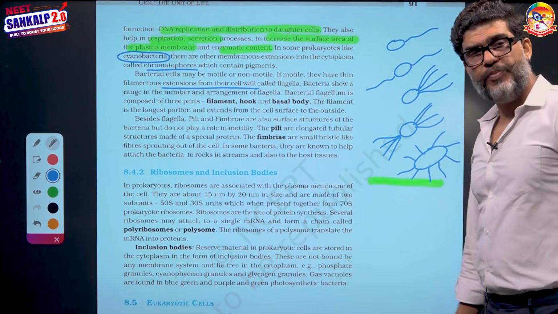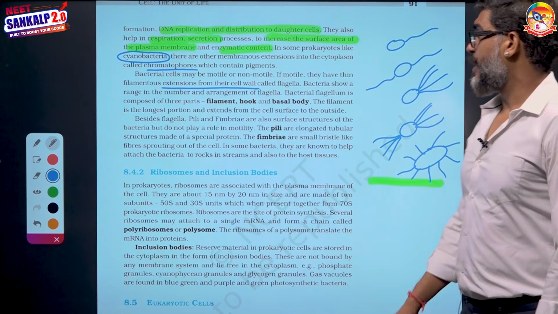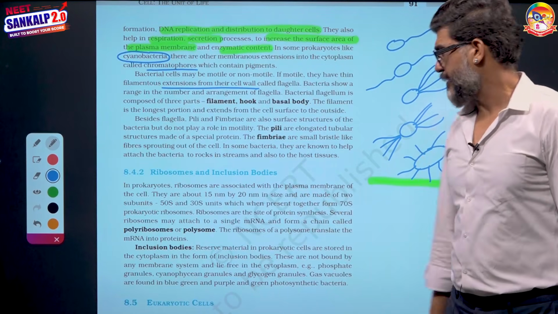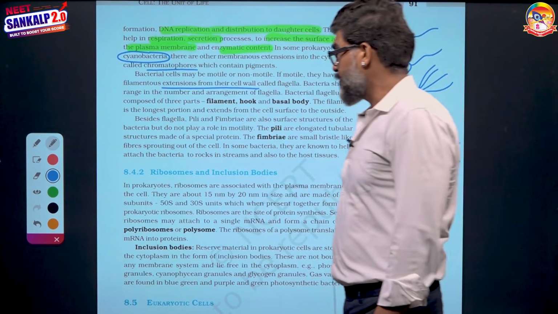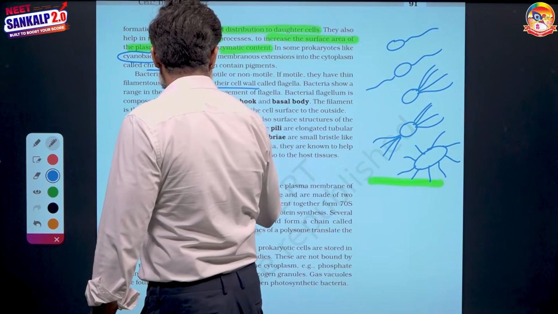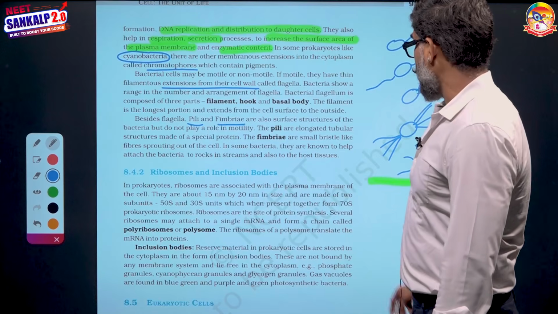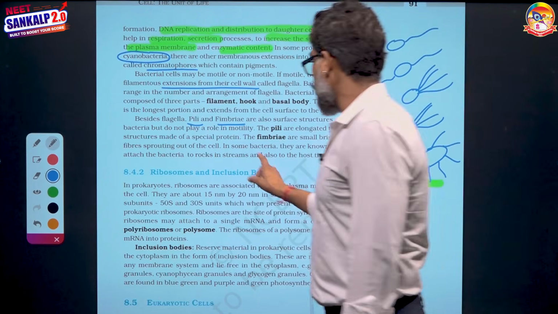Bacterial flagellum is composed of three parts: filament, hook and basal body. The filament is the longest portion and extends from the cell surface to the outer side. Besides flagella, pili and fimbriae are also present, means two more cell extensions we can see on the surface of the bacterial cell. Pili are elongated tubular structures made up of a special protein.